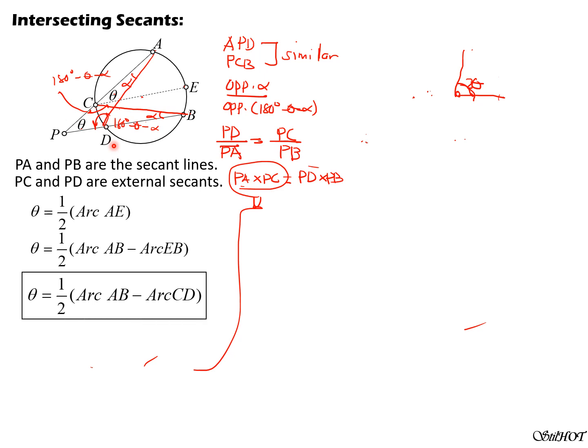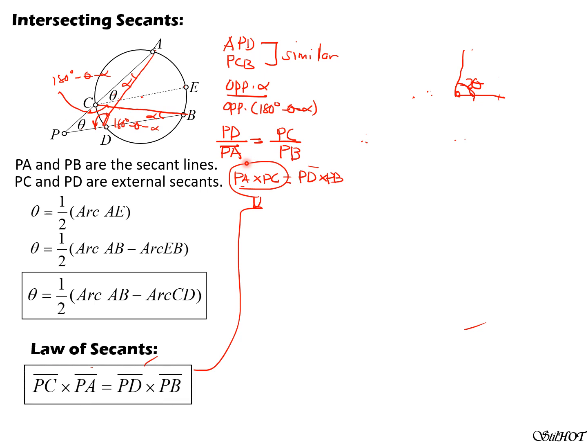Then we have here the law of secants, which we will also prove: the product of the external secant and the secant of one is equal to the product of the external secant and the secant of the other. So it's easy to remember. The product of the external secant and the secant itself is equal to the product of the external secant of the other and the other secant, PB.